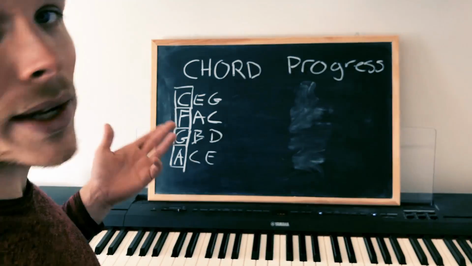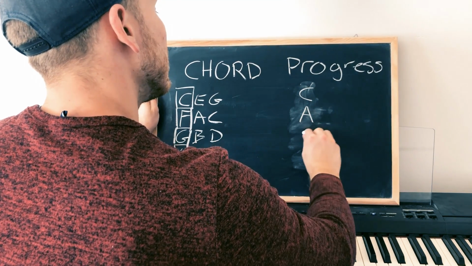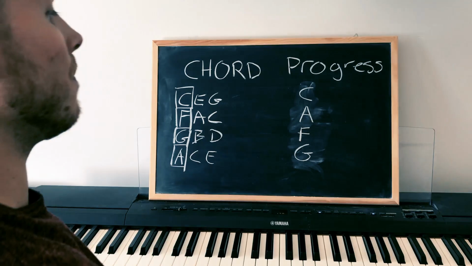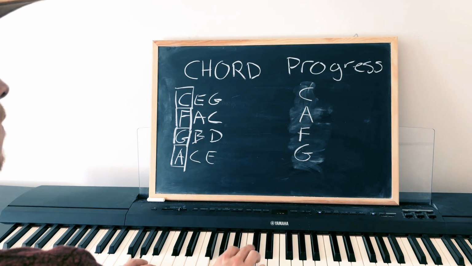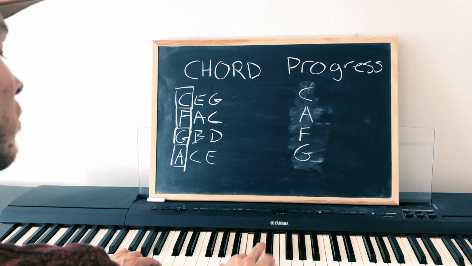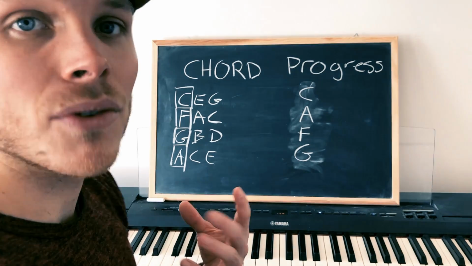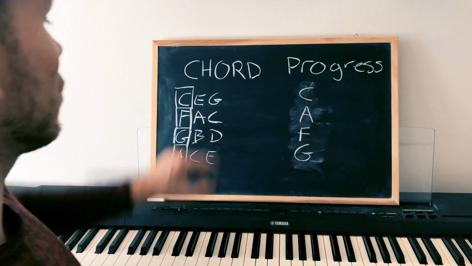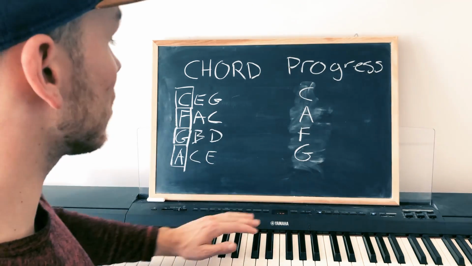Okay, another variation could be C, A, F, and G. We can simply play the chords. And we have what we call a chord progression. Okay, so chord progression simply means you take a bunch of chords that don't have to be these ones, and you put them in a certain order.